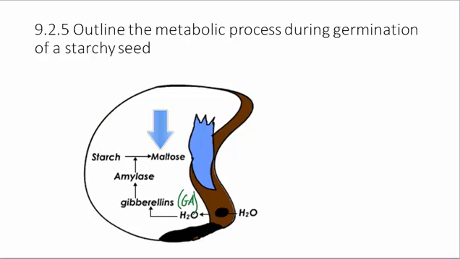The maltose gets converted into glucose, which can be used in cellular respiration, or it can be used to produce cellulose, which is found in the cell walls of the new cells that are about to be generated.